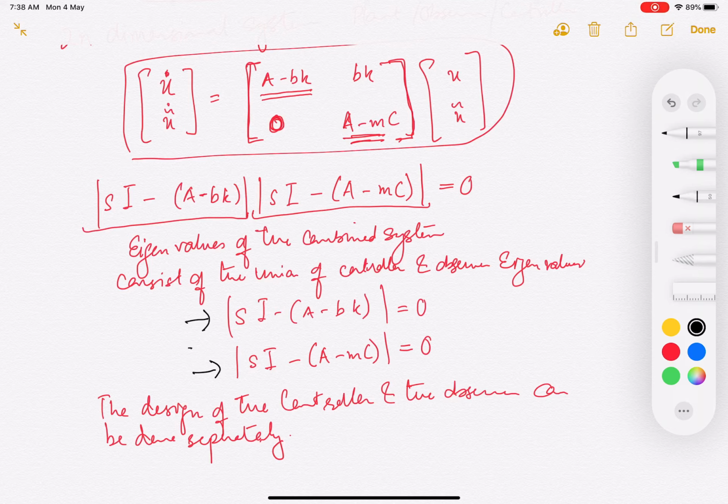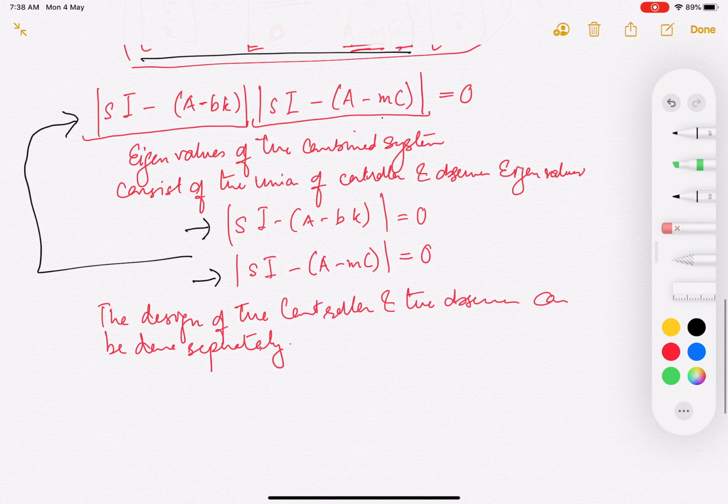And in effect, you're ensuring that the determinant for the overall system is 0 for those values of s. So when you implement observer-based control, you are able to do it by separately designing the observer and the controller for the system.